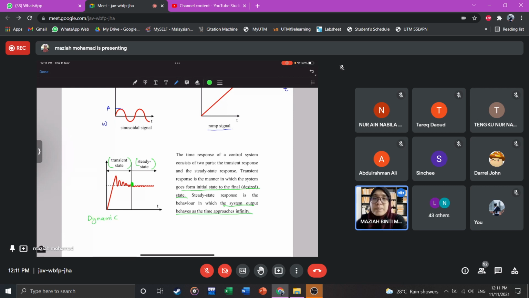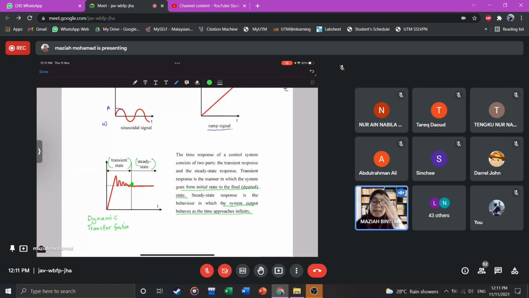Later you can also see there are two types of transfer function. The first one is the dynamic transfer function, which is used to represent the behavior in the transient state.